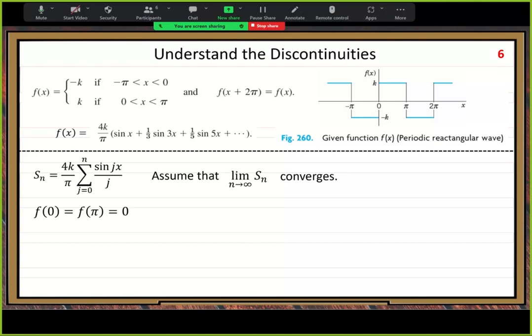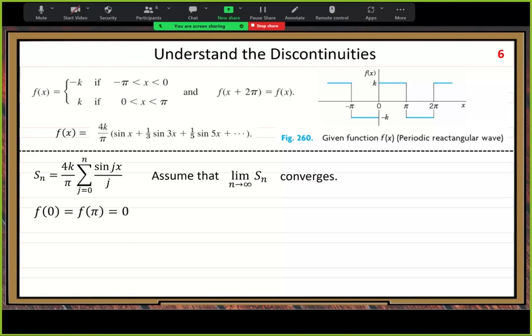But we don't worry about it, because in one period only one point is not defined, and our condition allows finitely many points not defined.